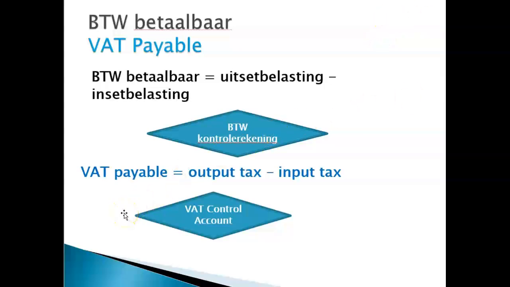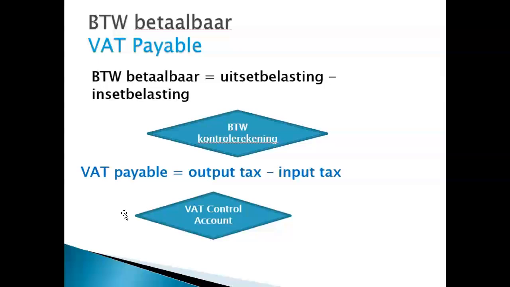So I clean out the VAT input account and the VAT output account at the end of the VAT period, be it a month or a 2-month period. So in my VAT control account on the credit side, I will have total VAT output for that period. And on the debit side, I will have total VAT input for that period.